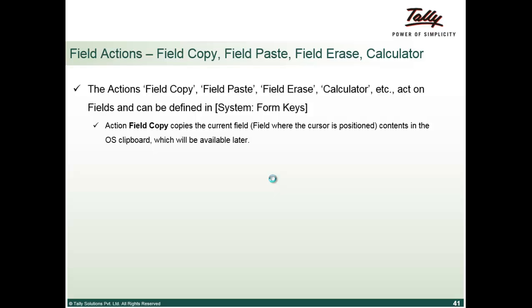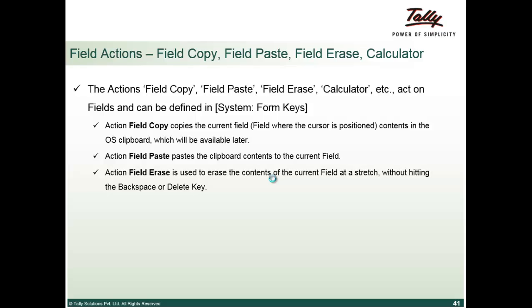The action field copy copies the current field wherever the cursor is positioned, and it copies the current field contents into the OS clipboard, which will be available later when you want to paste the same. And action field paste pastes the clipboard contents to the current field.